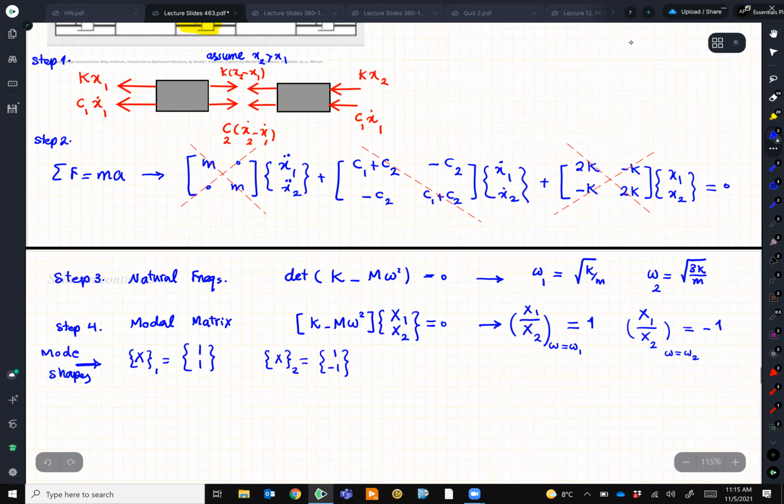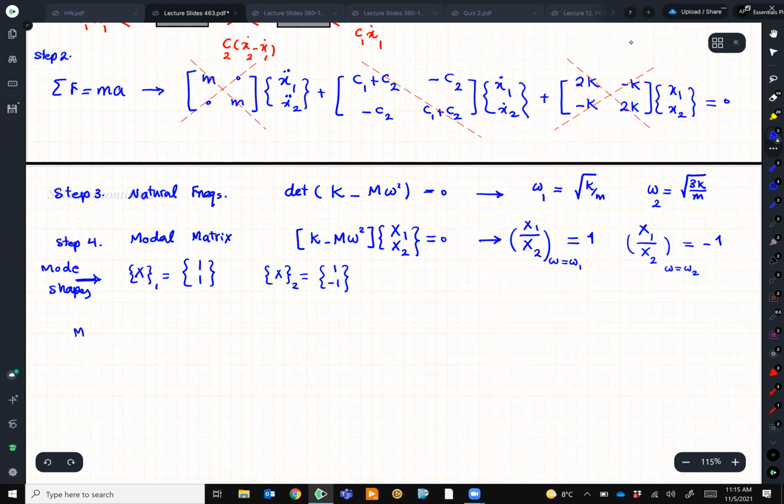So your modal matrix, which we showed by U, is a matrix in which each column is one of these mode shapes: 1, 1, 1, minus 1. All right, so that's our modal matrix.